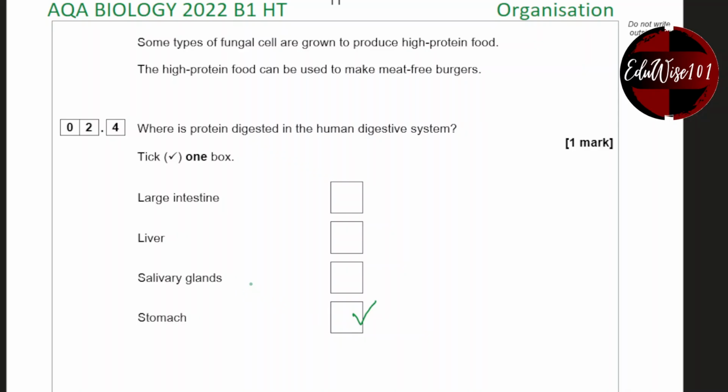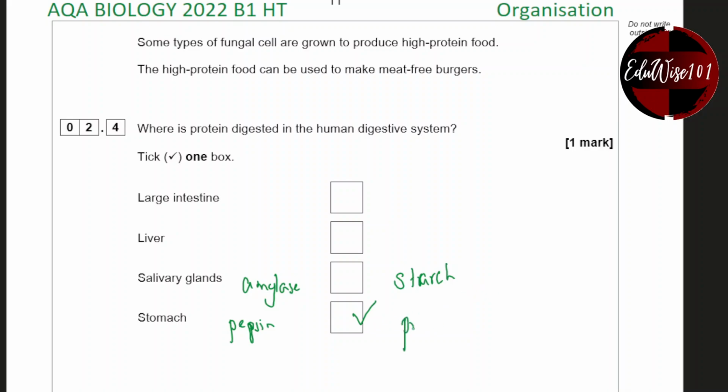So salivary glands produce the enzyme amylase, and that breaks down starch. Pepsin breaks down protein into amino acids.